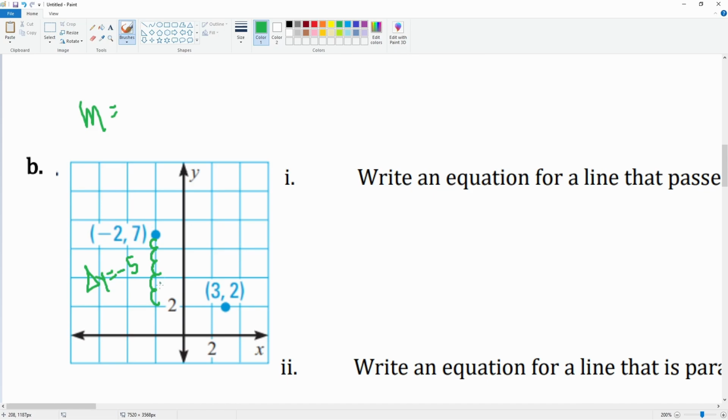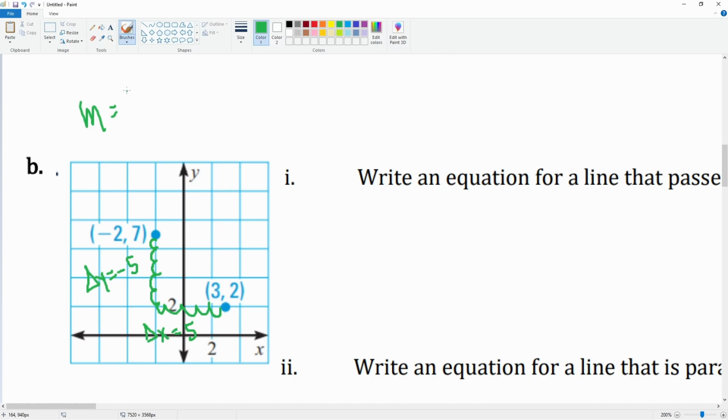It went from 7 to 2, so that's -5. How much did it go, delta x, in the x direction? You see how each unit here is 2, 3, 4, 5. Is delta x also equal to 5? Let's see, 1, 2, 3, 4, 5.